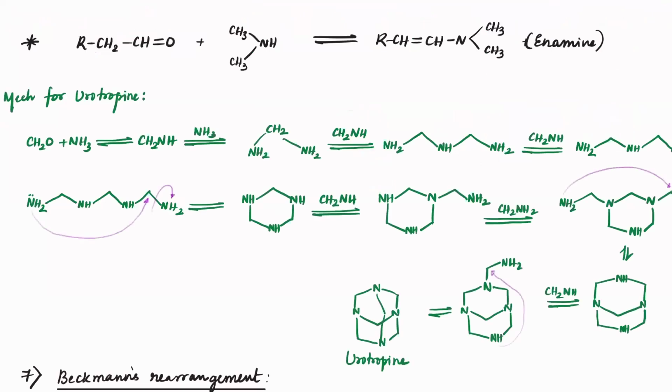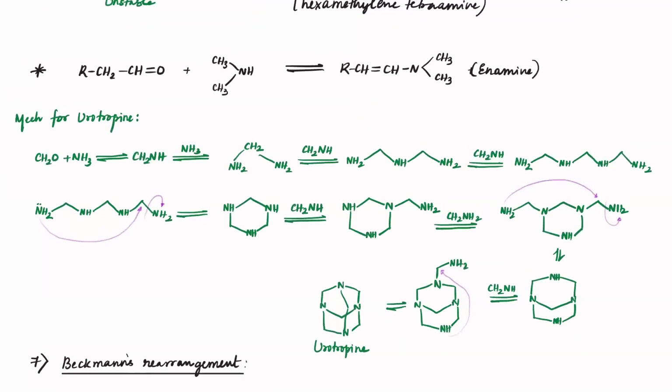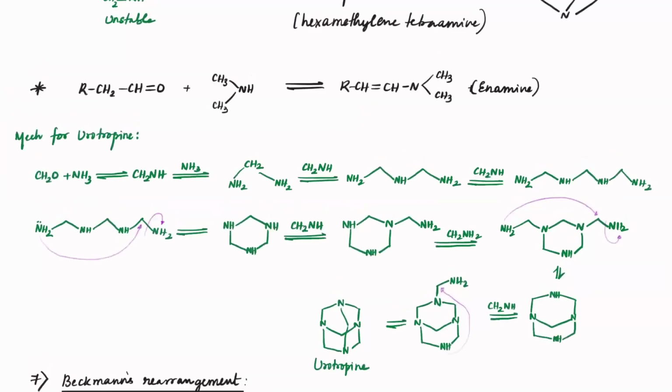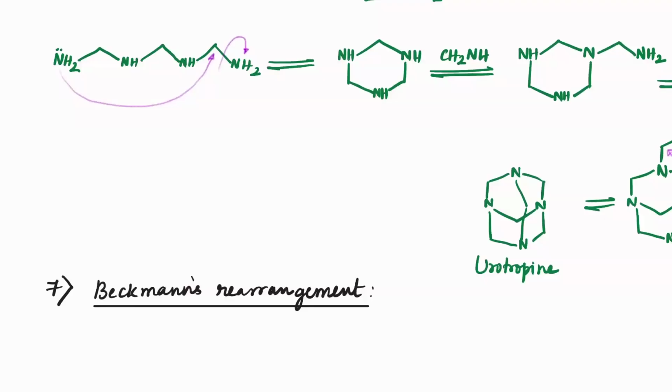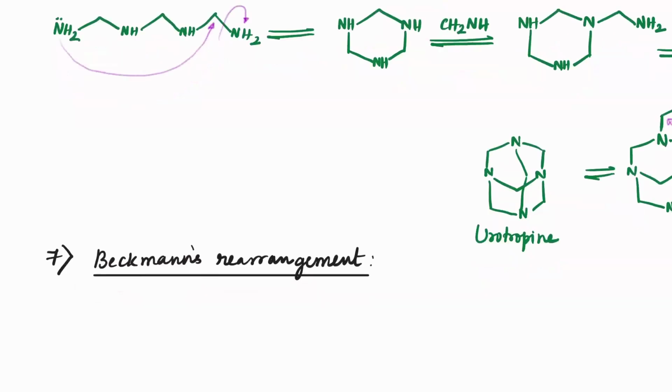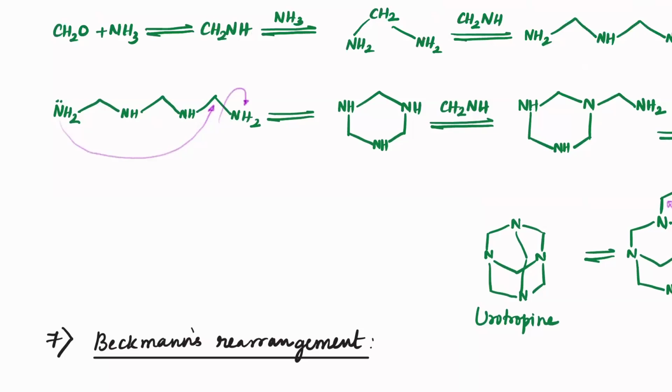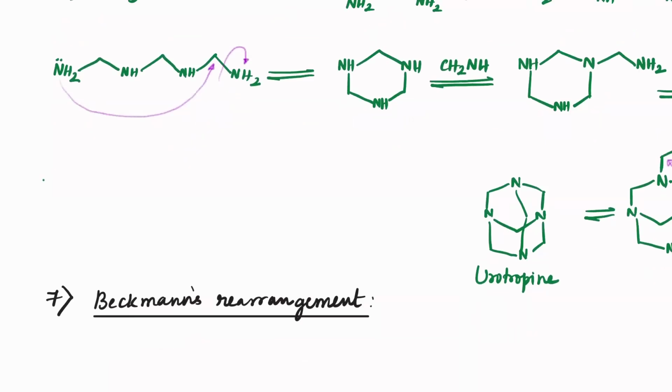Please check this out quickly. Check one very important application of urotropine, everybody. Another way of writing urotropine is like this also. Suppose you have a six-membered ring.